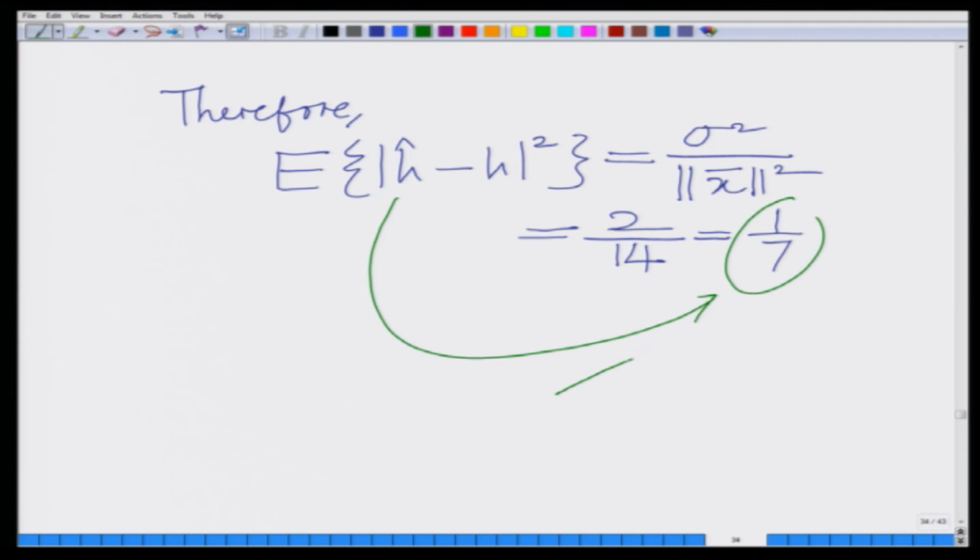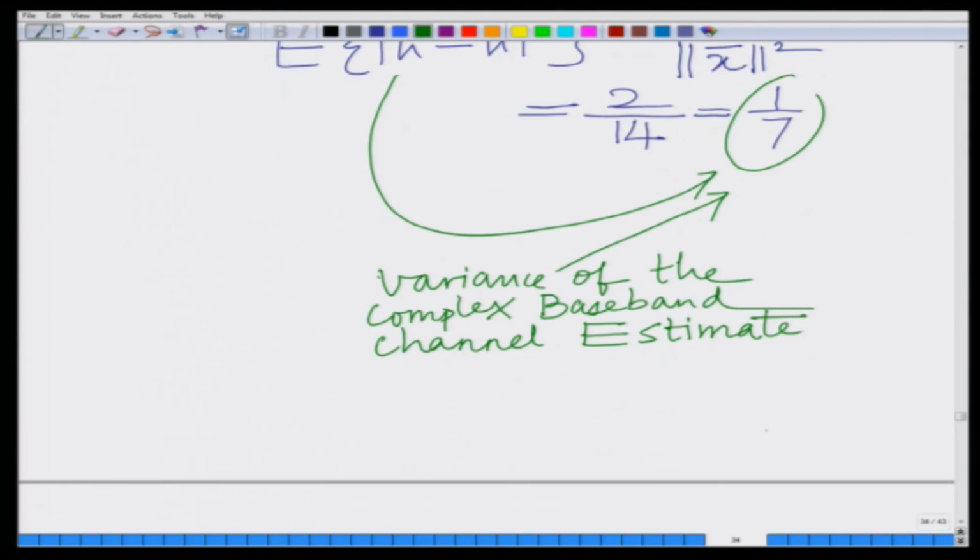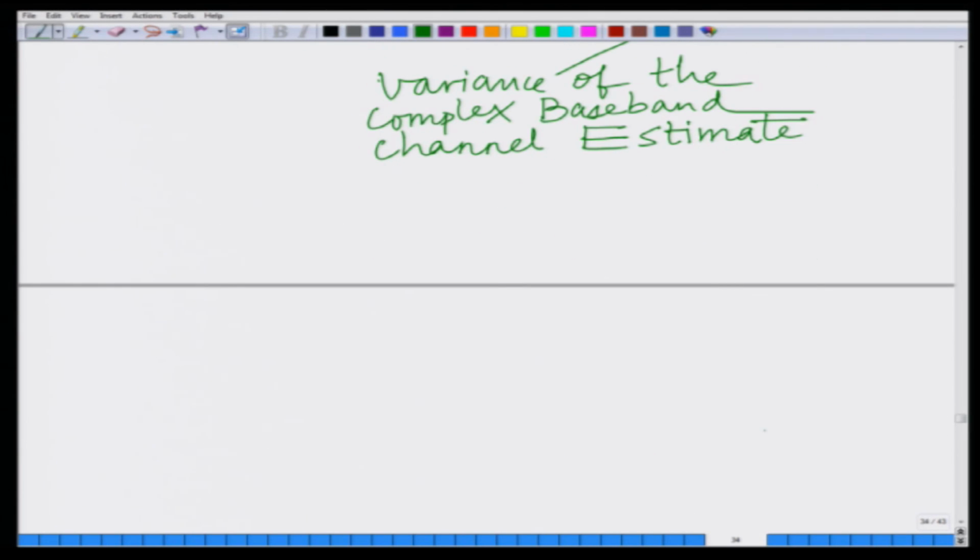This quantity is basically the variance of the complex baseband channel estimate. This is variance of the complex baseband channel estimate.